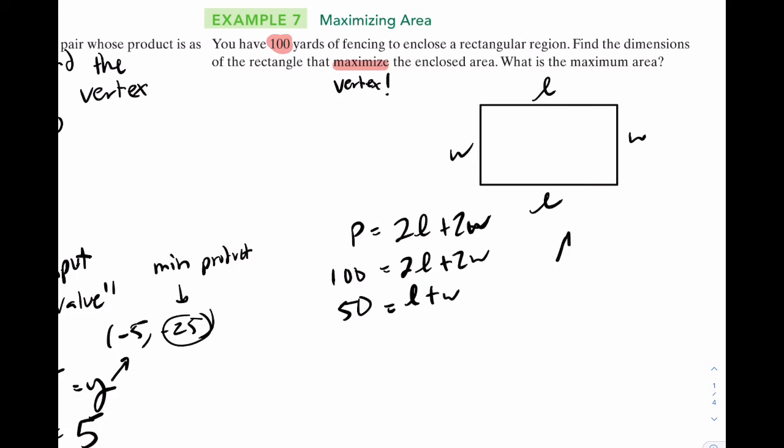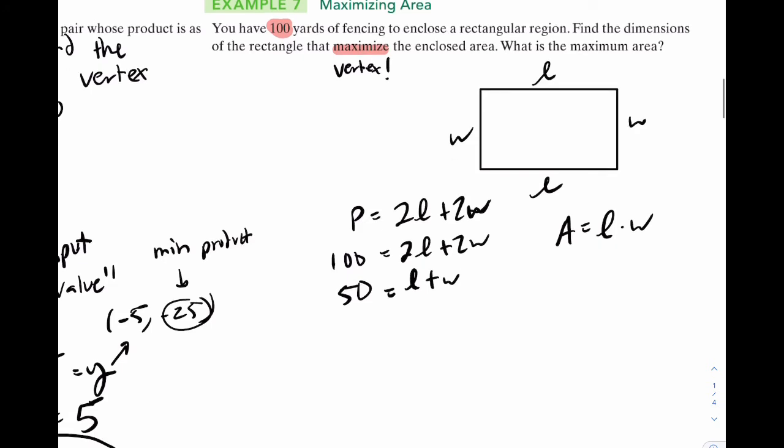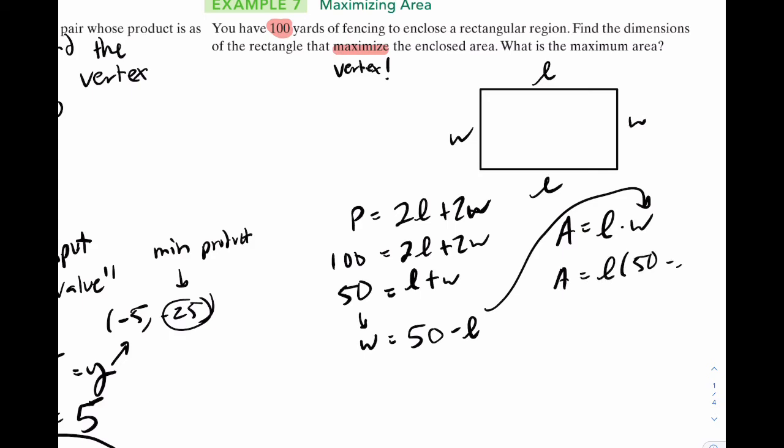Now our goal is to maximize area, and area we know to be length times width. So let's put these two things together. Again, you can solve for any variable, it doesn't really matter. I'll just pick W, but again, it doesn't matter. So W is 50 minus L. I'm going to plug that in over there. So L times 50 minus L. And again, we have our quadratic.